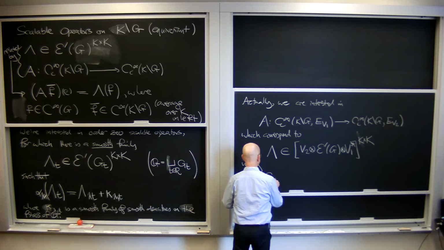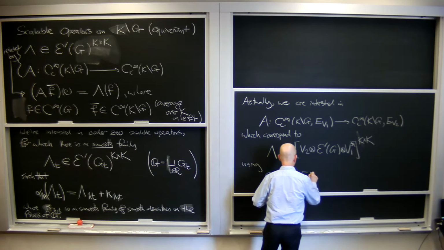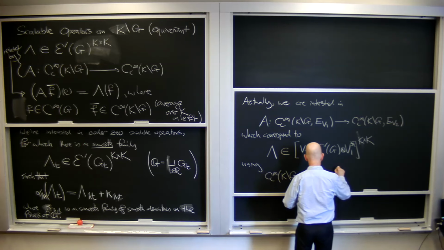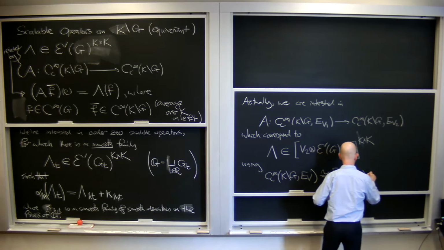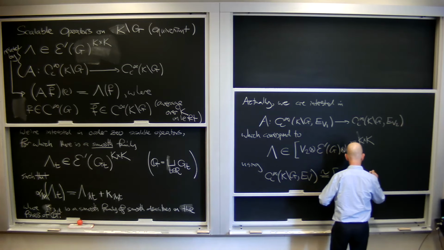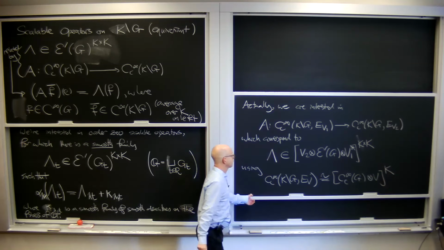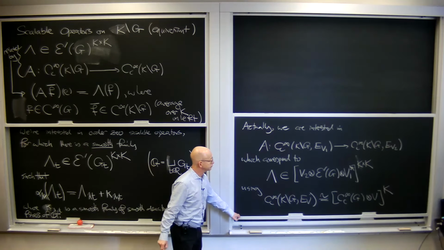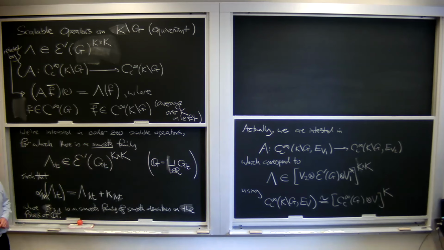If you use the fact that the sections of one of these bundles are naturally the same thing as, well, here I'm using compactly supported functions. And the actual operators we're interested in are the scalable operators, and those are the ones for which there is such a smooth family.